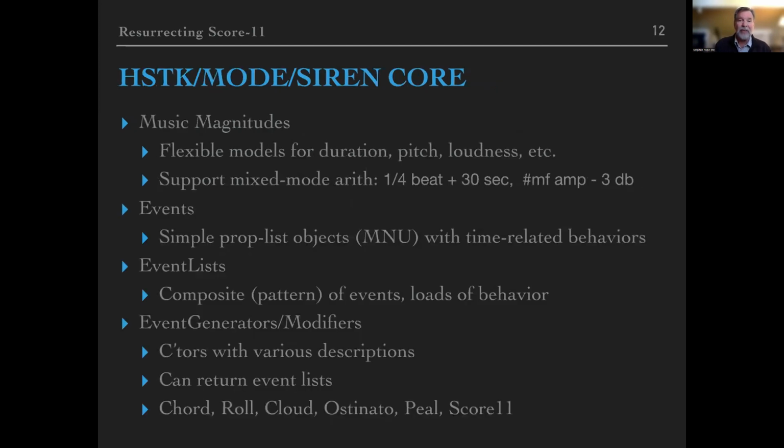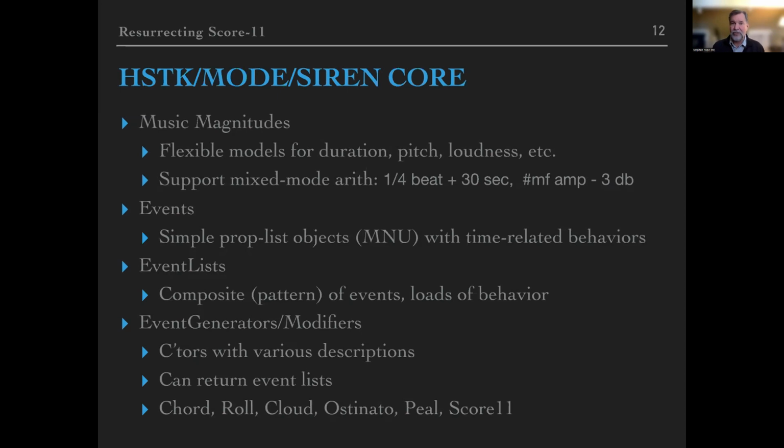So the music magnitudes, I saw a paper a couple of years ago somebody sent me, I think they were doing physical chemistry and had this whole idea of units of measure. And these are normally reflexive objects, so it's normally something that holds on to an actual magnitude object, but has extra behaviors. First of all, how do you create it?